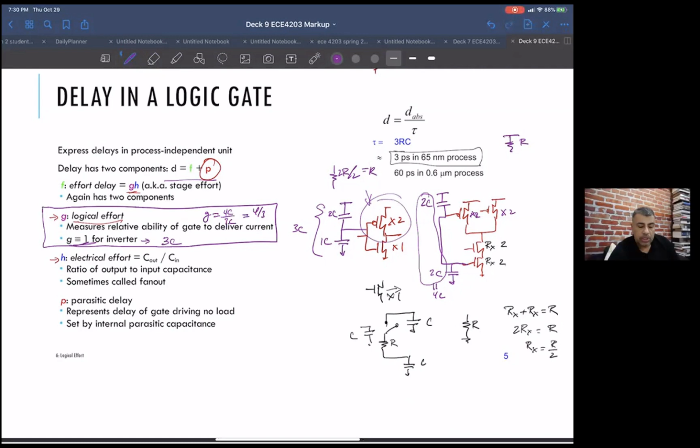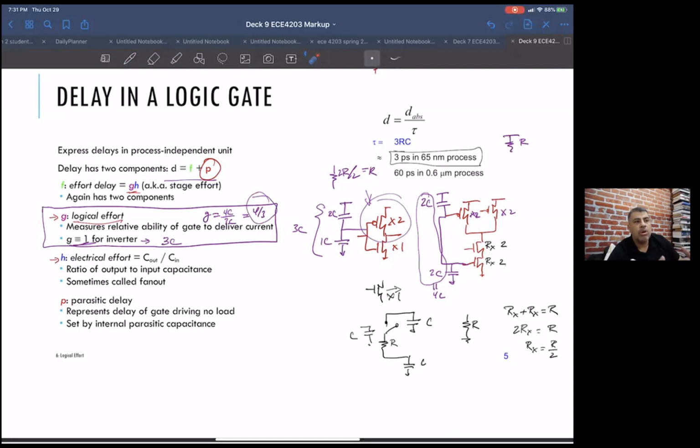So, another way to look at this 4/3 number for a 2-input NAND gate is that just looking at its structure, the fact that it's got this series pull down of N MOSFETs, regardless of what size things it's driving, just because of that structure, it'll have a 4/3 times higher delay than an inverter.